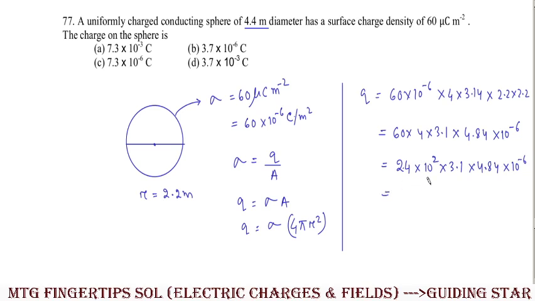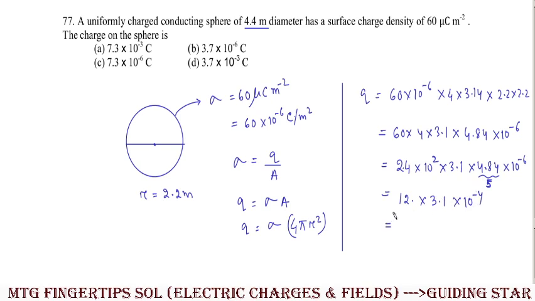Here 4.84 I can take approximately as 5. So this is 2.4 into 5, that will be 12, into 3.1, into 10 to the power minus 4.